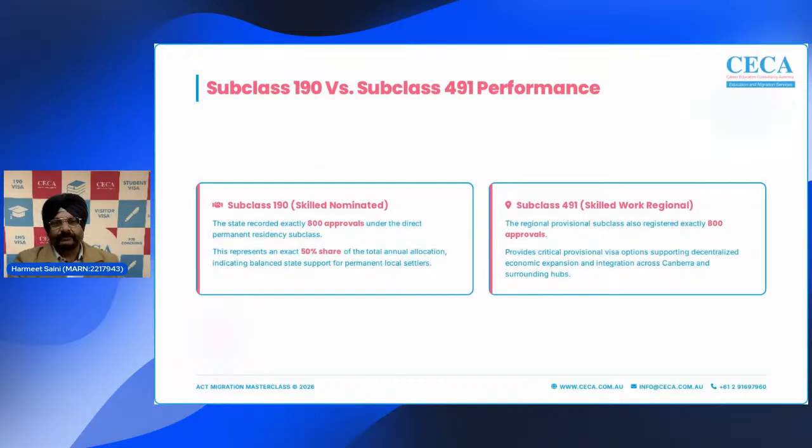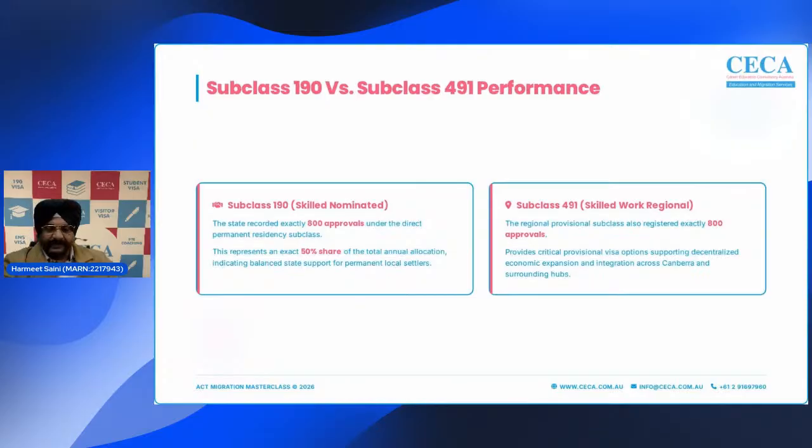If we talk about 190 and 491 seat allocation, they were equally divided between the two visa categories, 800 each. So 800 seats were allocated for subclass 190, and a similar number for subclass 491, which is the skilled work regional provisional visa.